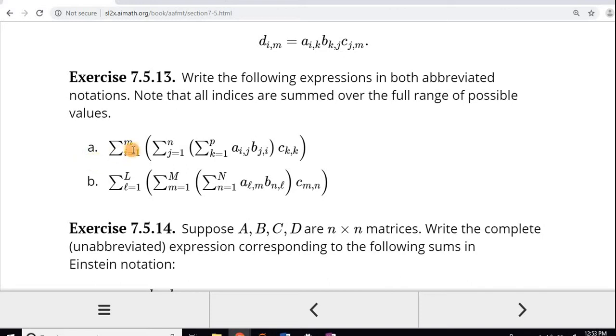So it says both abbreviated notations. The first notation would just be sum over ijk of aij bgi ckk. That's all you'd have to do.